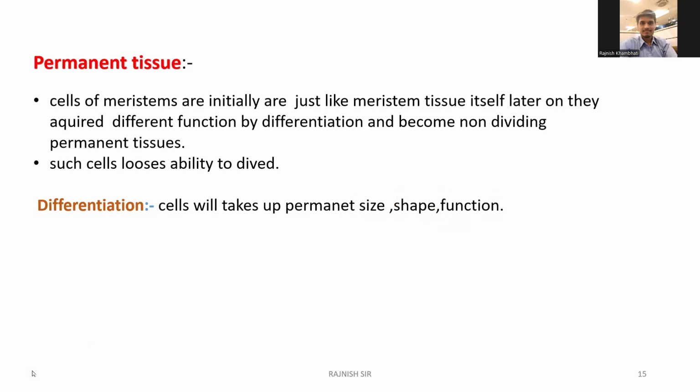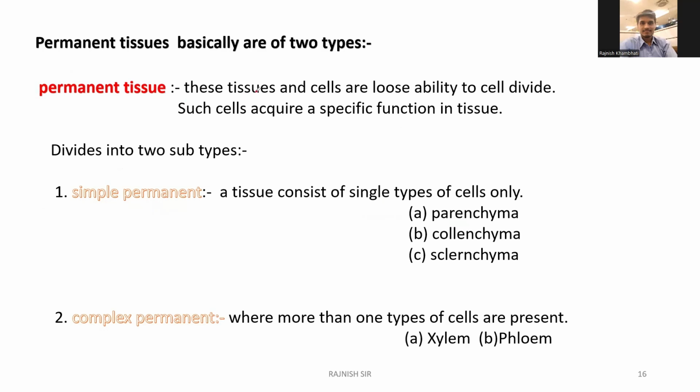Very good. Now let's move ahead. The permanent tissues are divided into two types: simple permanent tissue and complex permanent tissue. Let's see the meaning of simple.